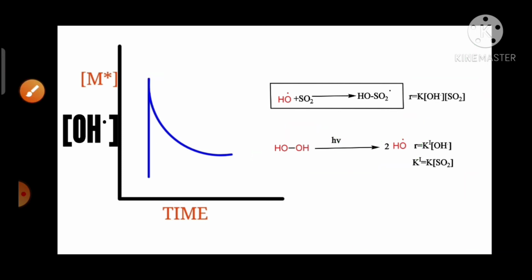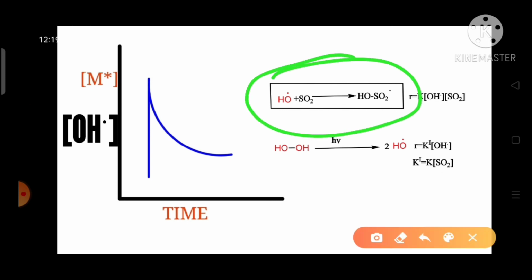Afterwards, the hydroxyl free radical reacts with the sulfur dioxide molecule and changes into the bisulfite free radical. As the concentration of the hydroxyl free radical decreases, the graph goes down. This is due to the flash photolysis, and then the reaction with the sulfur dioxide gas.